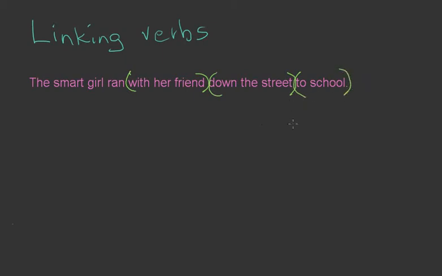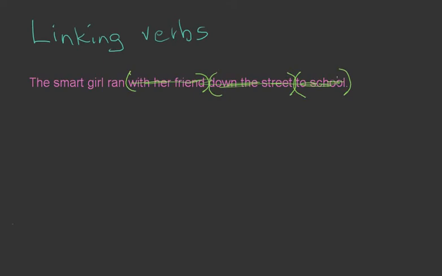We have three prepositional phrases. Notice we have more words tied up in prepositional phrases than we have left in the sentence, which is fine. It doesn't change the fact that no crucial part of the sentence structure will ever be inside a prepositional phrase. They just add extra nice information.